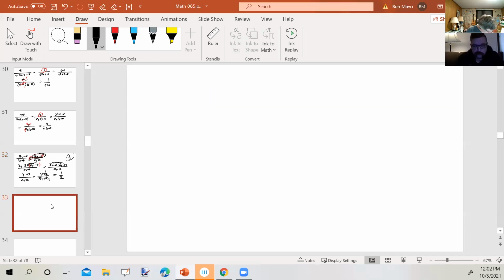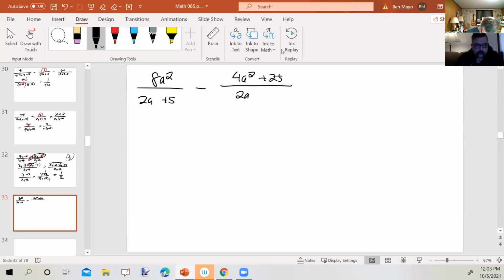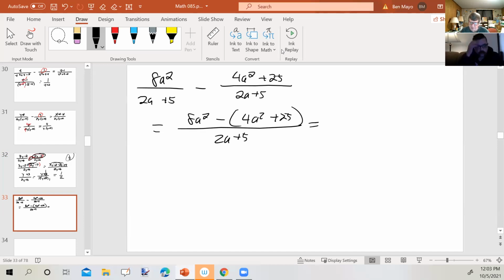8a squared over 2a plus 5 minus the quantity 4a squared plus 25 over 2a plus 5. So this gives me 8a squared minus the quantity 4a squared plus 25 over 2a plus 5. So here's that same situation. You've got to subtract each term in this numerator.